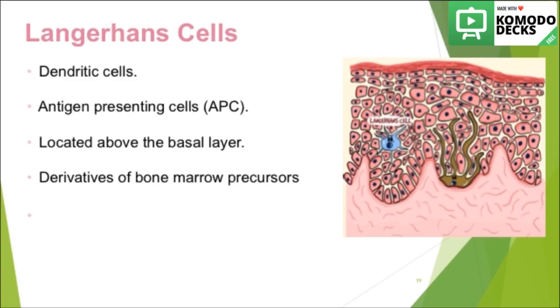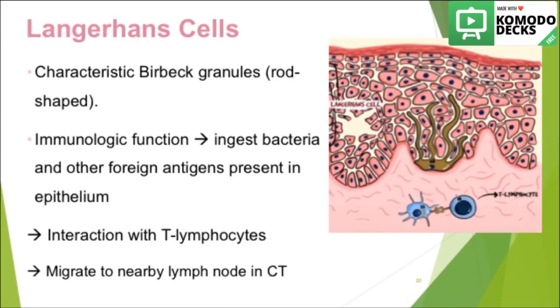Langerhans cells, on the other side, are also dendritic cells. They are called antigen-presenting cells located above the basal layer, and they are derivatives of the bone marrow precursors. These cells have characteristic Birbeck granules, which are rod-shaped.